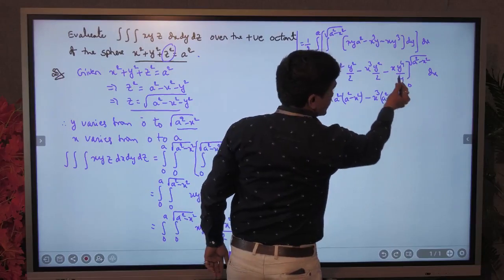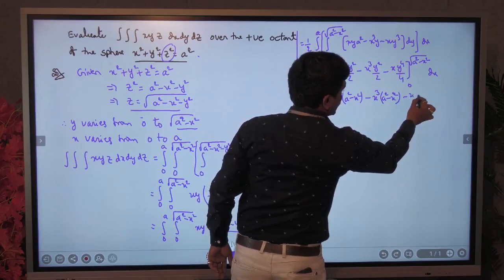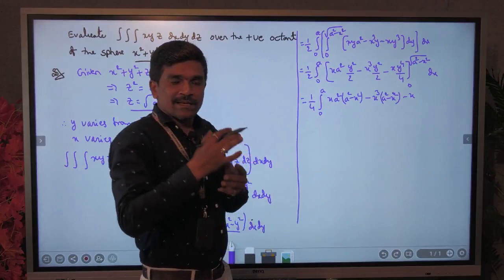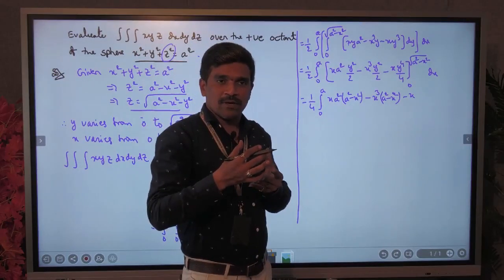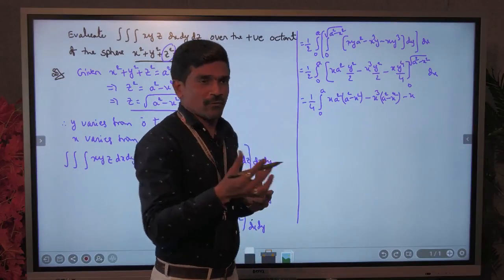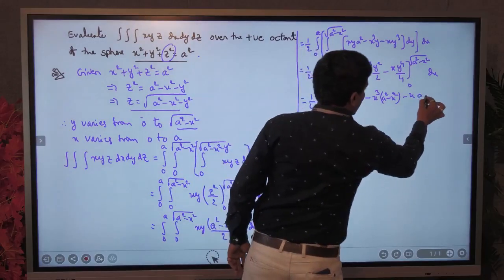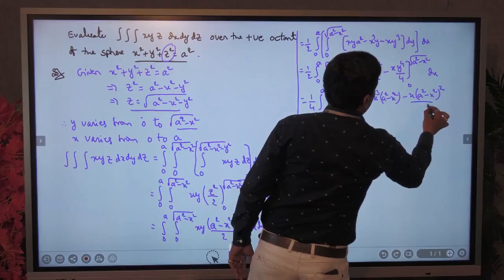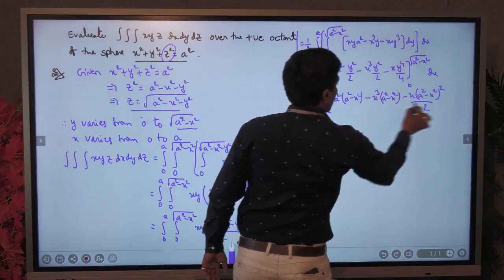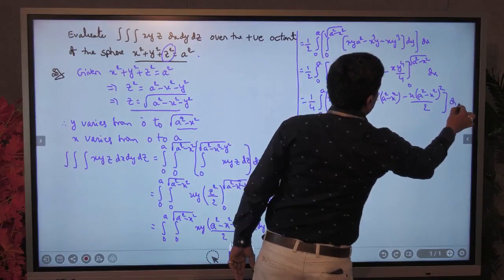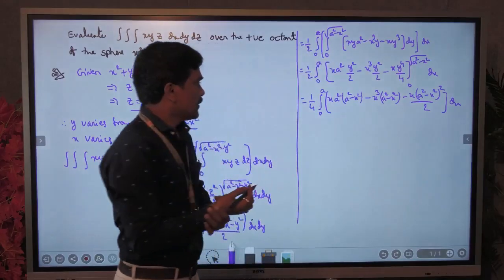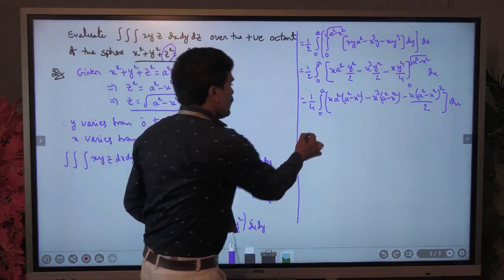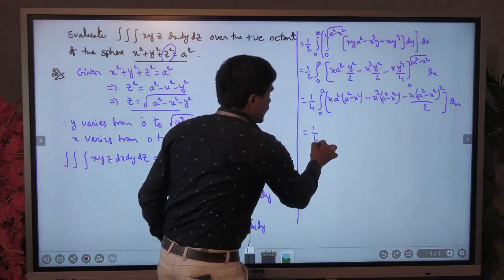Right? So minus 1 by 2 common, x into y power 4, a square minus x square power 1 by 2 power 4. So that's why write (a square minus x square) whole square by 2, that is dx.